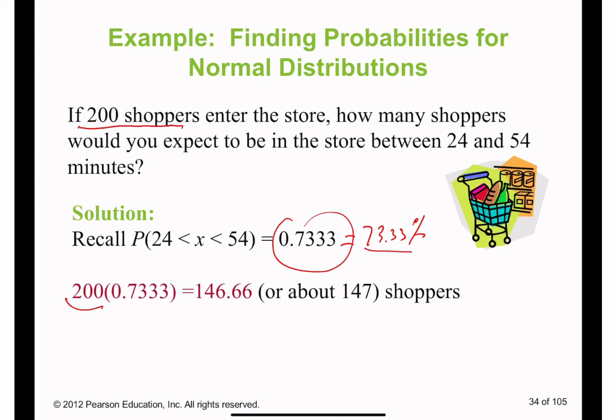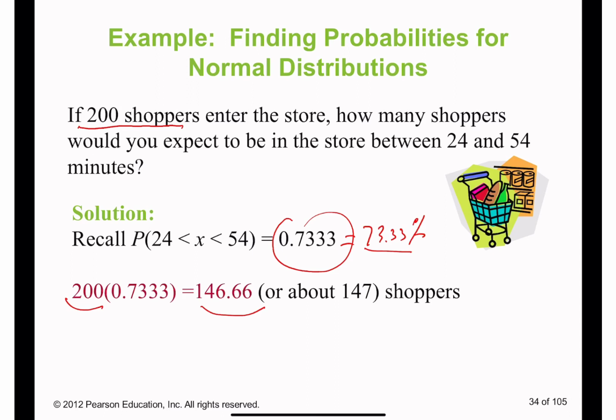That's for one shopper. So we multiply by 200 and get 146.66 shoppers.